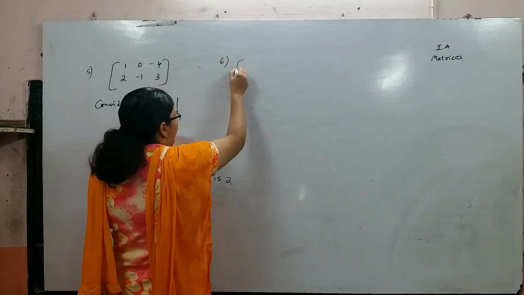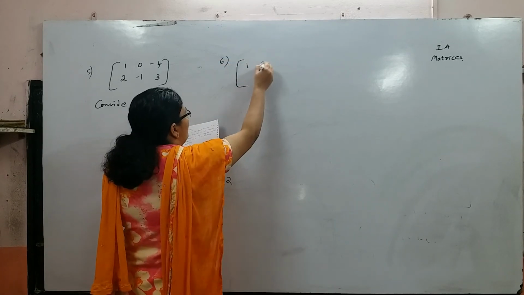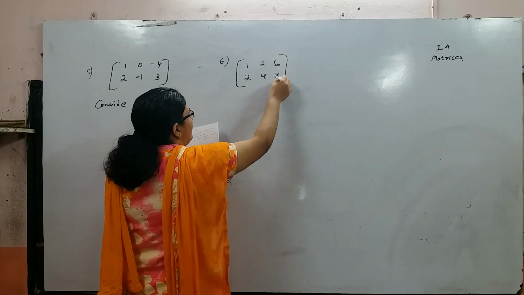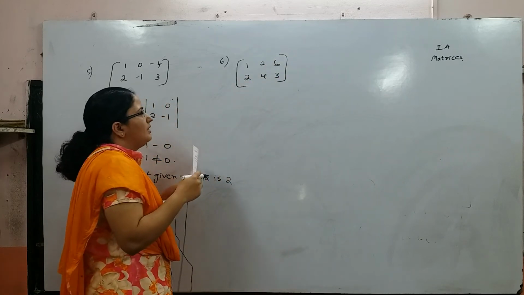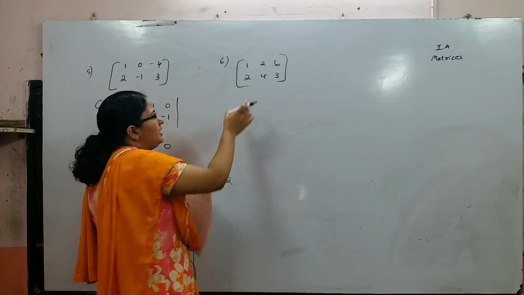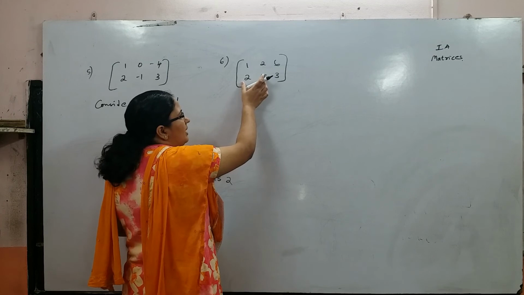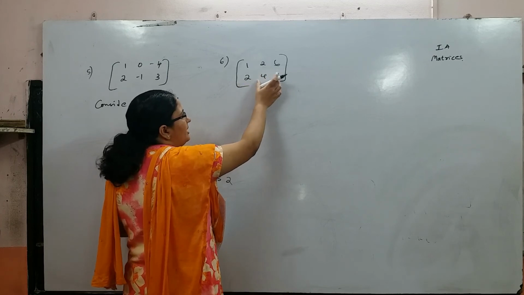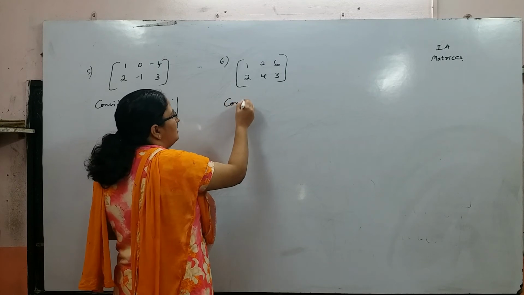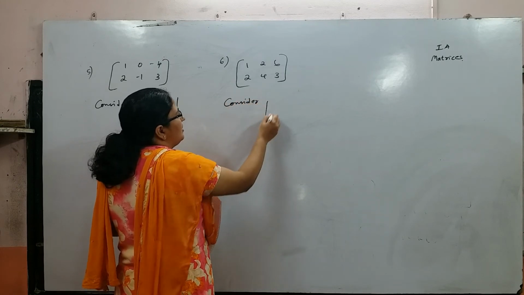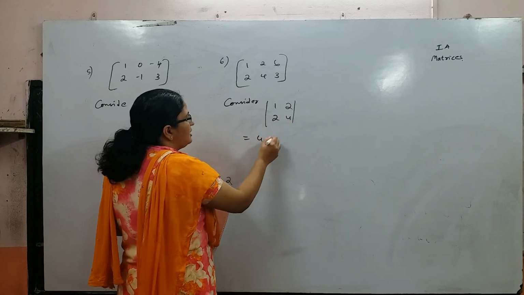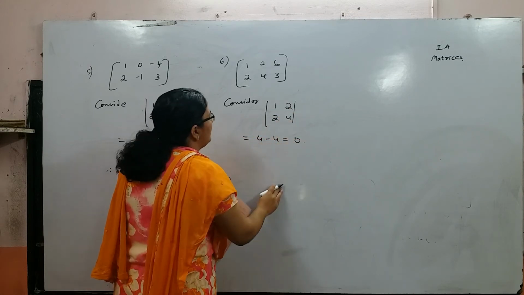Find the rank of 1 2 6 2 4 3. Find the rank of this matrix. Suppose the determinant of one 2 by 2 matrix gives you 0, go for another. Let us do this problem. Consider the determinant of 1 2 2 4, which is 4 minus 4, which is equal to 0.